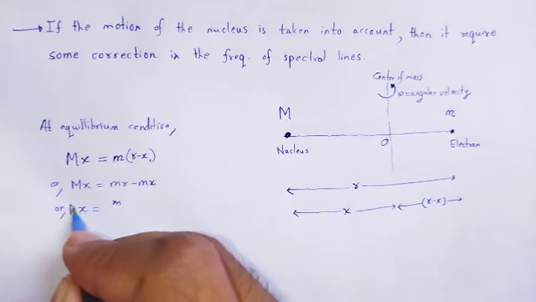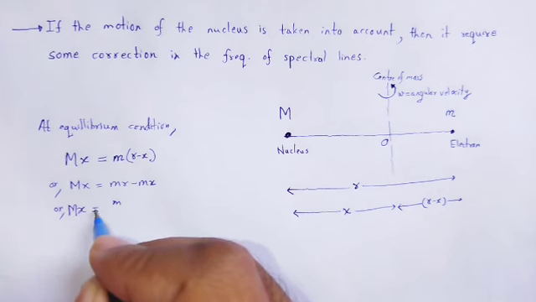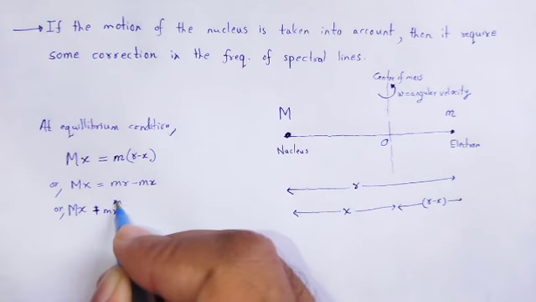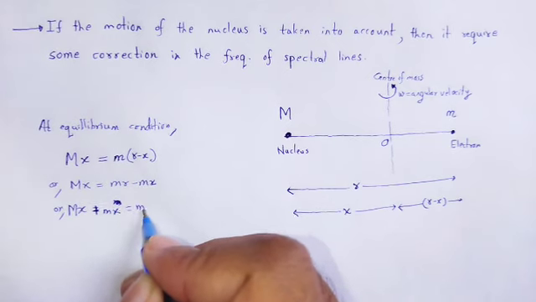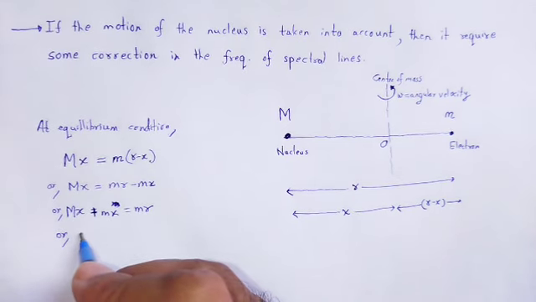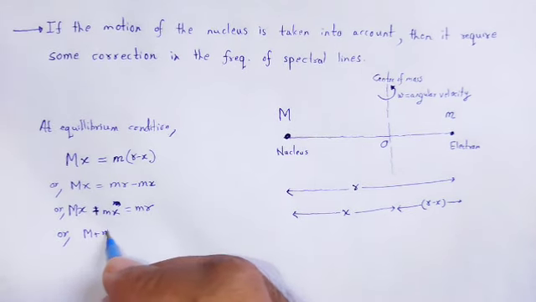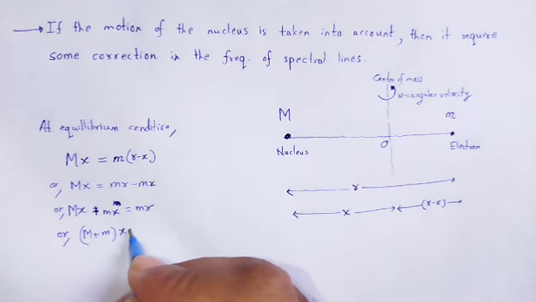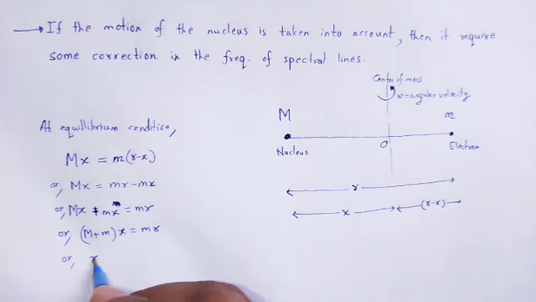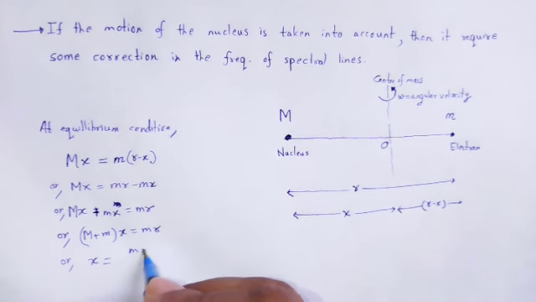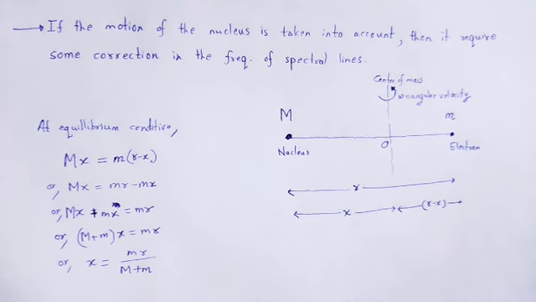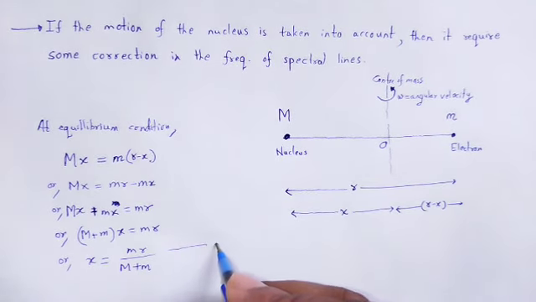Therefore, Mx plus mx is equal to mr, whereas x is common, so M plus m whole into x is equal to mr, or x is equal to mr divided by M plus m. This is equation number 1.